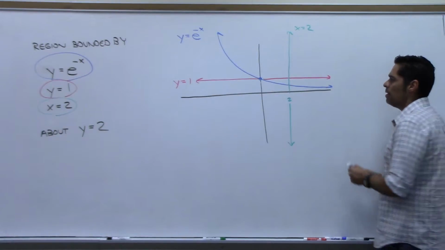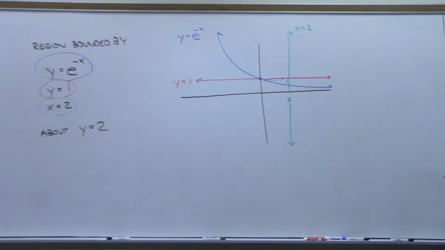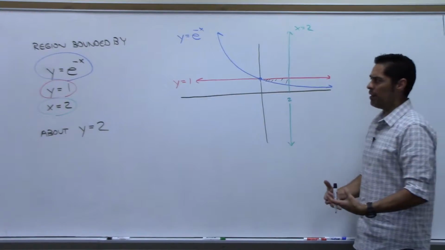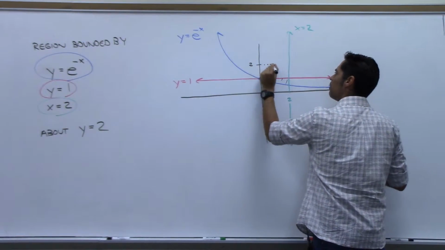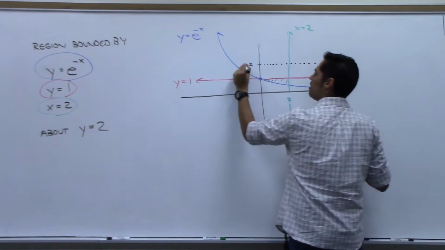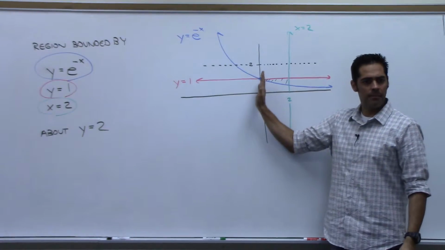Okay. So we want to take this region right in here, and we want to rotate it around y equals 2. y equals 2 is a horizontal line going through 2. Here's 1, here's 2, right? My axis of rotation is this dotted line instead of the x-axis or the y-axis.